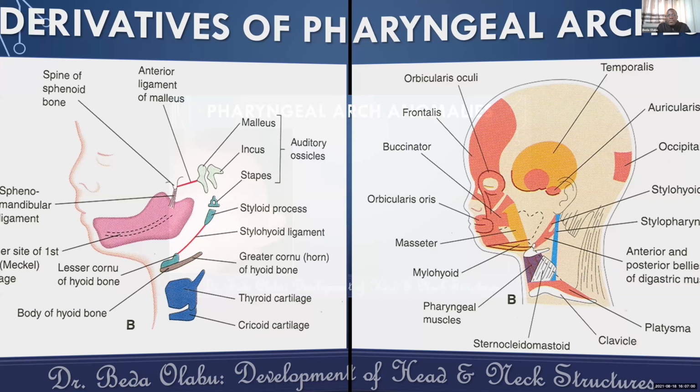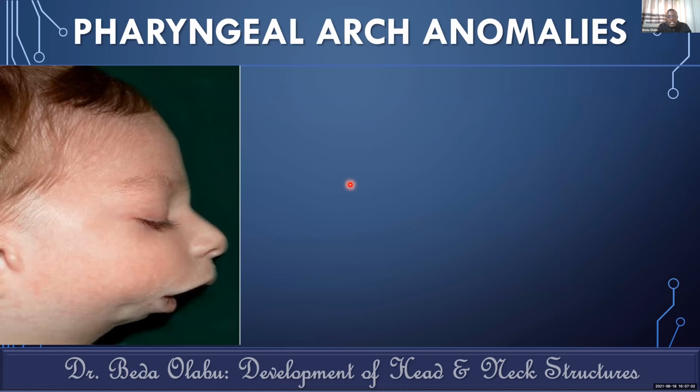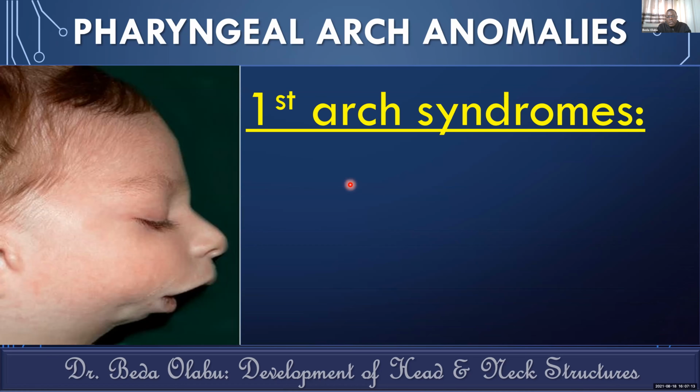Do we have some malformations that are associated with pharyngeal arches? And the answer is yes. There could be many, but I want to highlight just two because they are common. There's what we call the first pharyngeal arch syndromes.